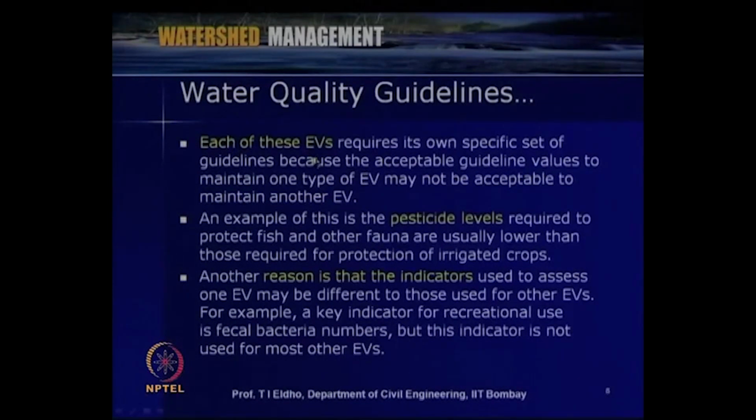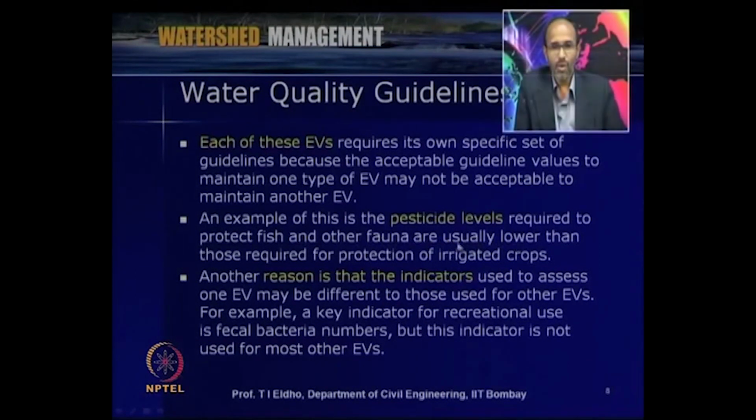Now, each of these environmental values requires its own specific set of guidelines, because the guideline values to maintain one type of environmental value may not be acceptable to maintain another. These environmental values depend upon the particular usage or particular source, as we discussed. For example, if you consider pesticide levels in the aquatic system, the pesticide levels required to protect the fish and other fauna are usually lower than those required for protection of irrigated crops.